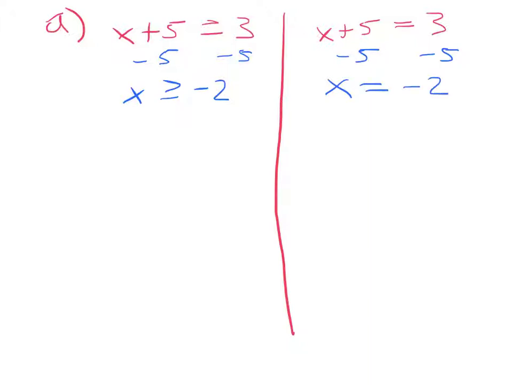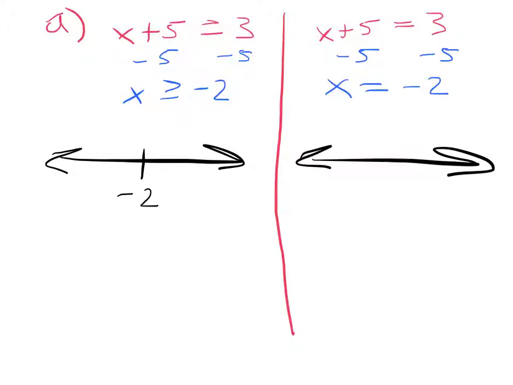The way these would be written are a little bit different. If I made a graph, and this was negative 2, on this one I made a graph, and this was negative 2. On the inequality side, I would have to have a closed circle. And remember, we have a closed circle anytime we have this line under the inequality.